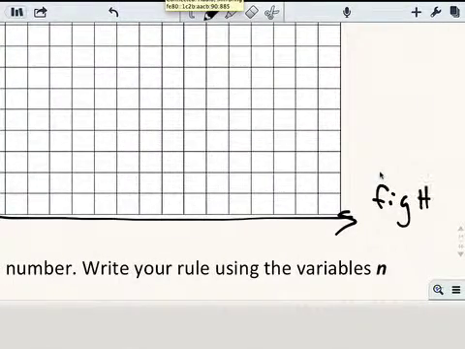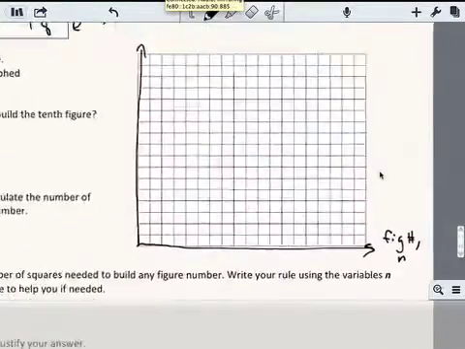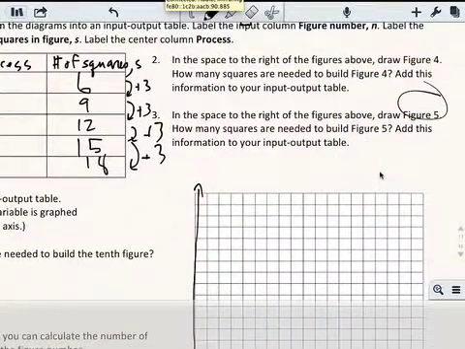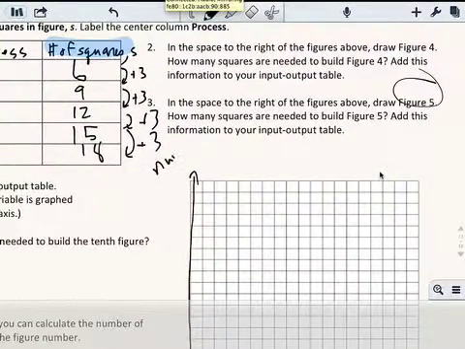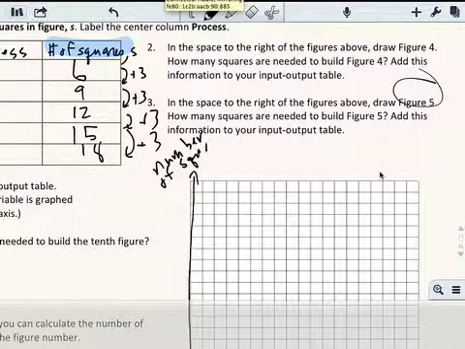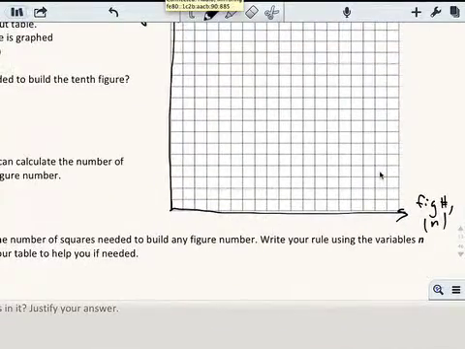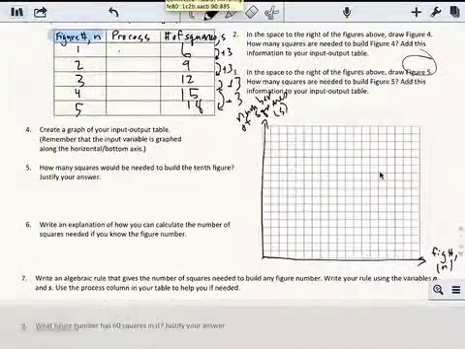Figure number N. I'm starting with my labeling. Number of squares is going to go on the y, and so I'm going to put that here. Number of squares, S. Put this in parentheses too. Okay, so we know what we're looking at.